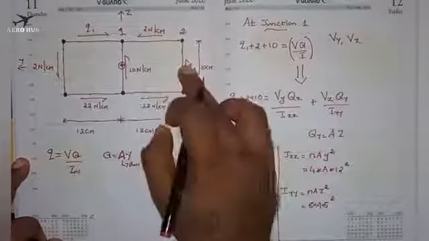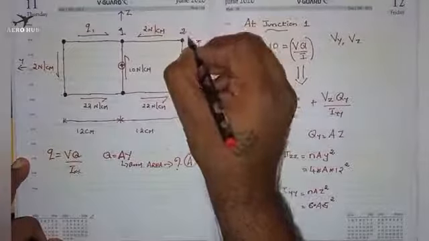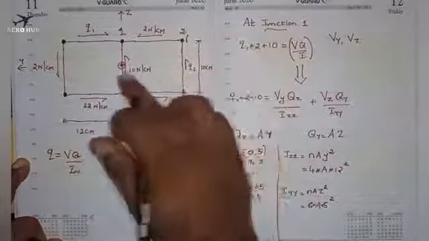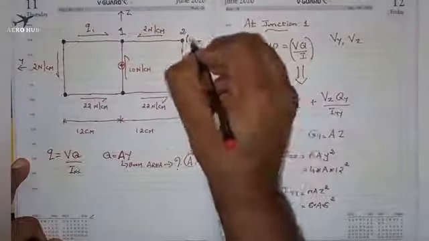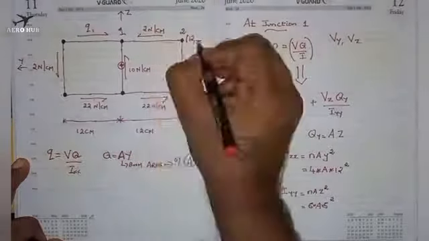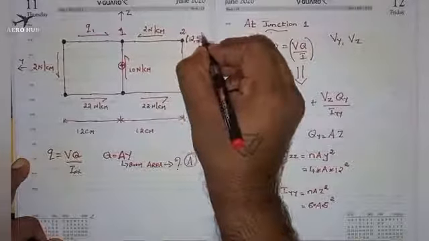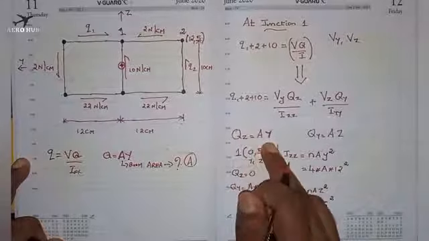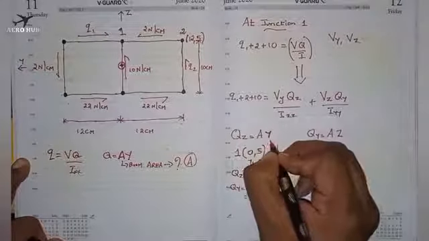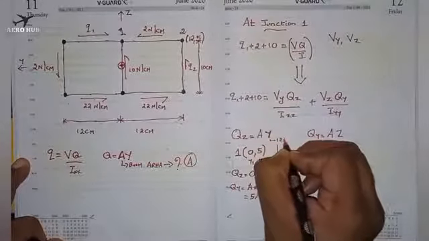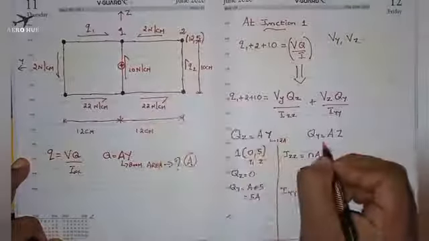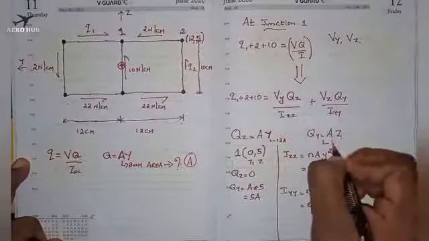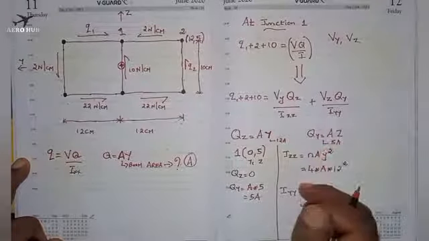From the centroid, the coordinates for this point are: the value of y is 12 and the value of z is 5. So the value of Qz will be A into y, that is 12A, and the value of Qy will be A into z, that is 5A.